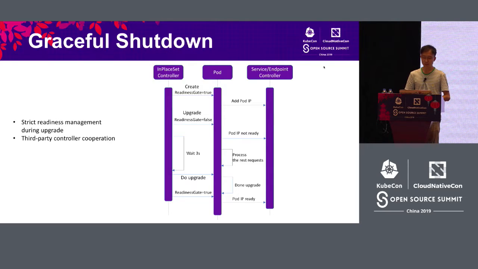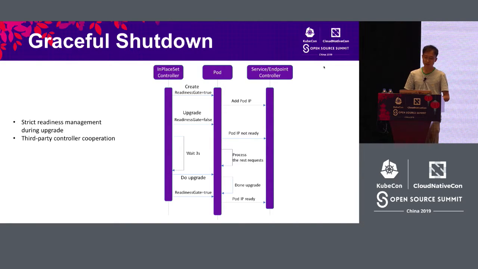Readiness gate: we can change the state of the readiness gate to indicate whether the pod is ready or not. When we upgrade the pod, we will set the readiness gate as false in advance, so the gate is not ready, and the pod controller will realize this state, and it will remove the IP to the not-ready list.